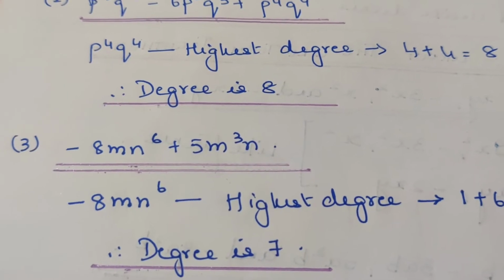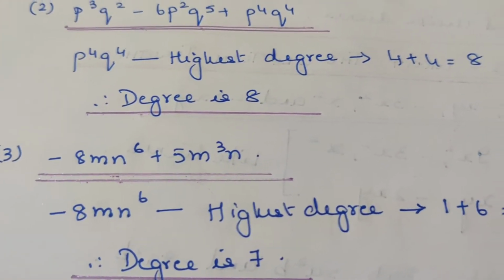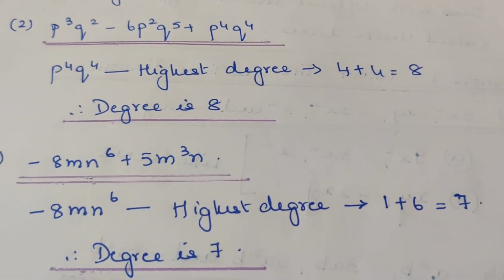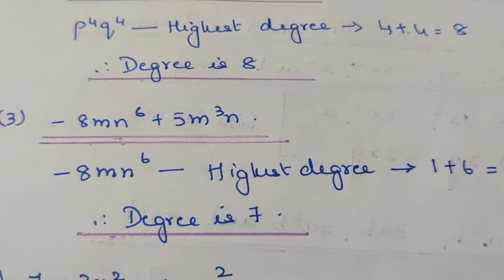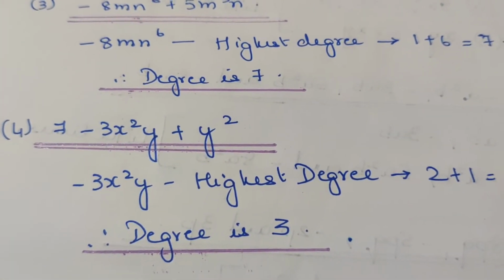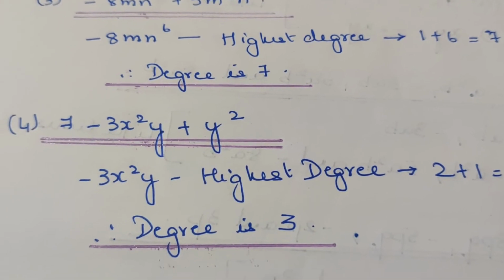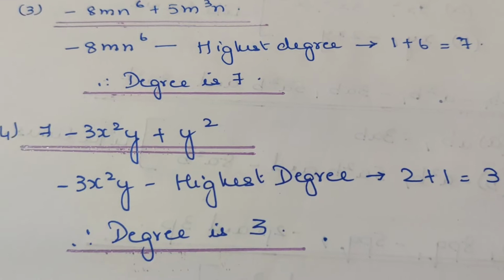Here minus 8m n to the power of 6 has got the highest degree, that is 1 plus 6, that's equal to 7. Therefore degree is 7. Next one, 7 minus 3x square y plus y square. Minus 3x square y has got the highest degree. 2 plus 1 is equal to 3. Therefore the degree is 3.